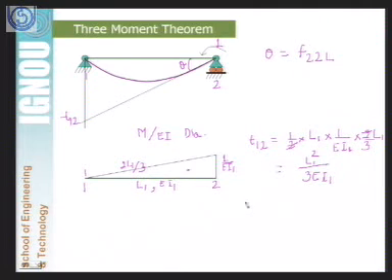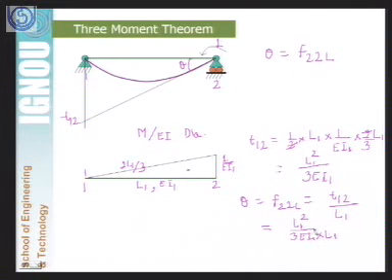Now again we can calculate the value of theta, that is equal to F22L, that will be equal to T12 divided by L1. So this will be equal to L1 square divided by 3EI1 into L1.